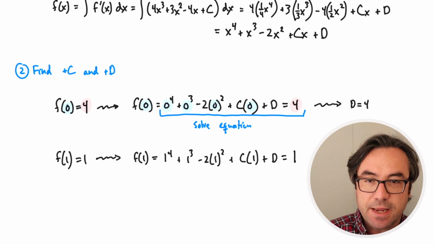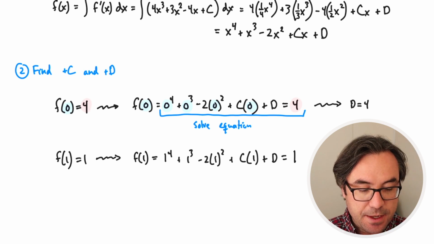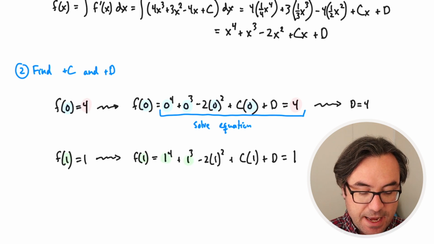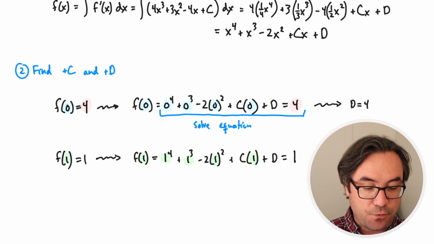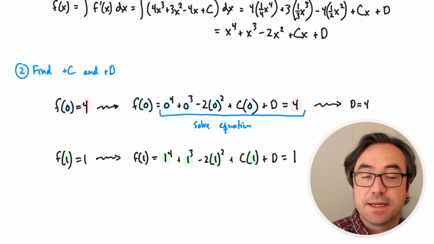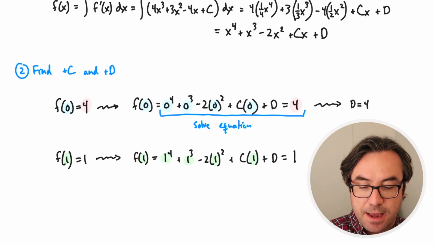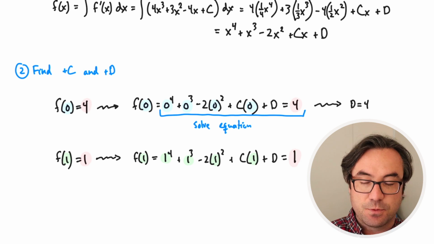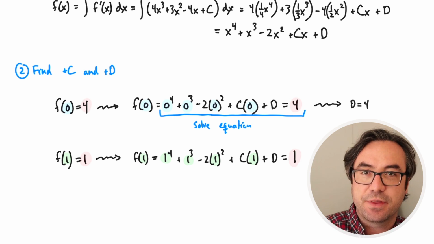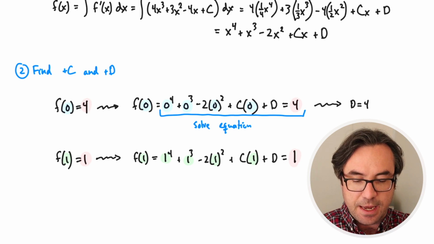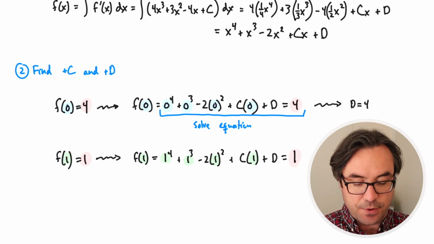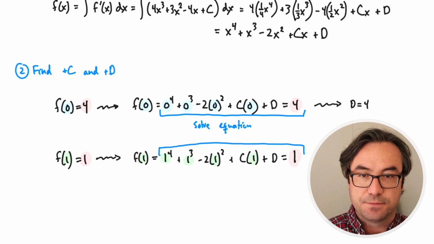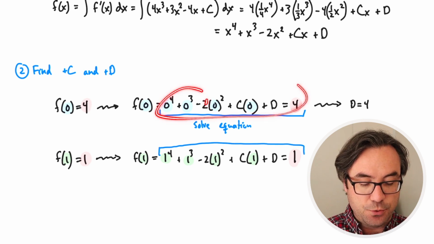And again, when we do this, what we're doing is plugging in x equals 1 wherever I see an x in what we have for our formula for our antiderivative so far. And then the one that I'm setting this equal to is whatever my initial condition is for that x value. And this gives us another equation that we can solve. So we end up with two equations here.